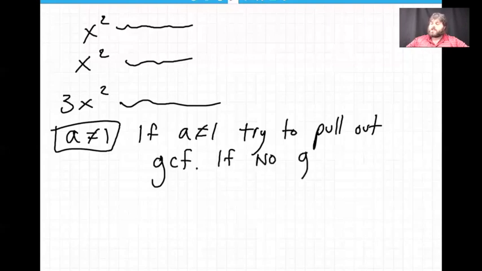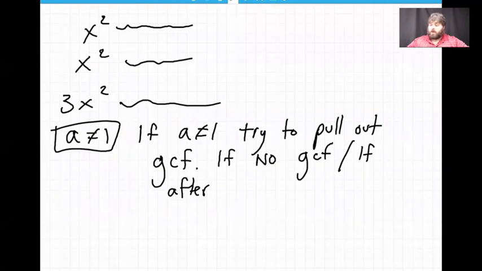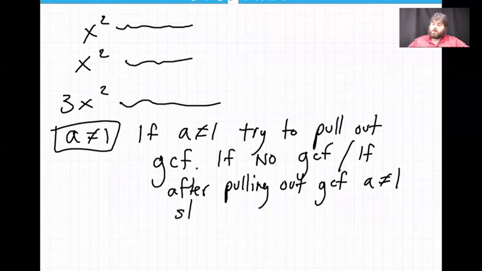If there's no GCF, or if after pulling out the GCF, A is still not 1, then we've got to do something different. We've got to try something crazy, okay? Now there's a couple different ways to do this, but I'm going to show you a way that works every time. It's weird, but you just got to follow along with me here.